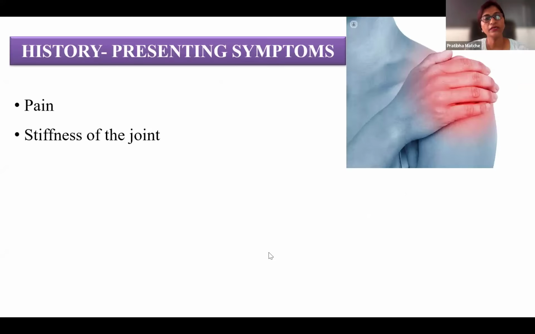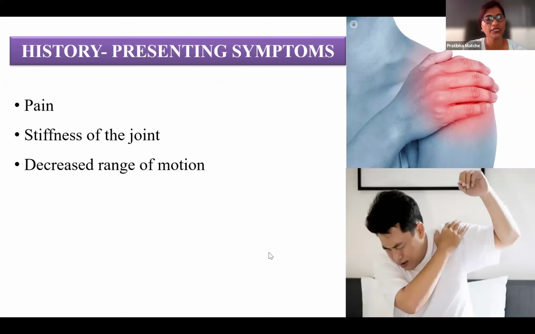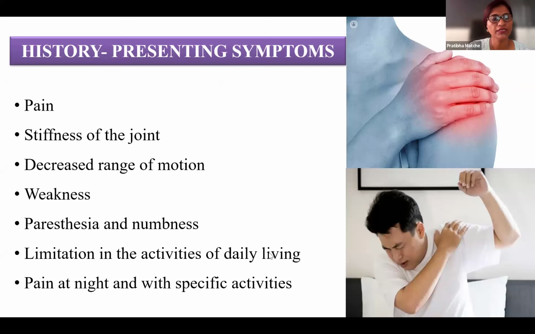The most common presenting symptoms that we come across in patients are pain along with stiffness of the joint, decrease in the range of movement, and weakness; paresthesia or numbness may be present. The most striking presentation that shoulder pain patients come with is limitation of daily activities, like they are not able to comb their hair, put on the bra strap, cook, or hold something.